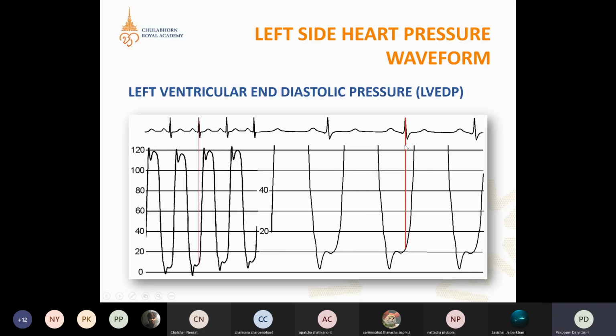Just like that, you can see the red line here. As I said before, the end-diastolic pressure of the LV aligns with the R wave over here. This is the end-diastolic pressure of the LV.